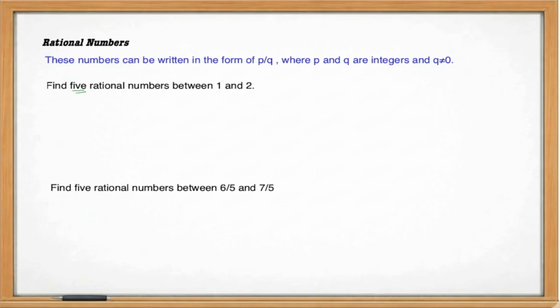First write 1 here, then leave some gap, then put 2. For 5, they are asking, multiply this with 6 and divide by 6. Write it in the p by q form. And here also 6 by 6, and this will become 12 by 6.